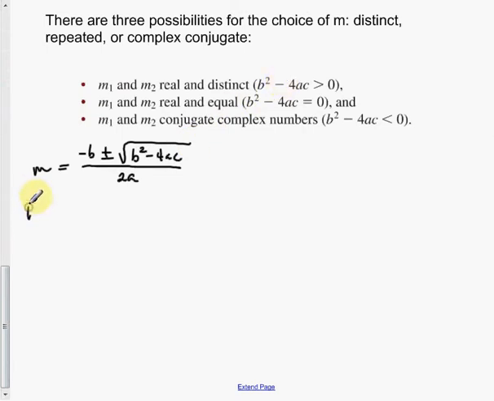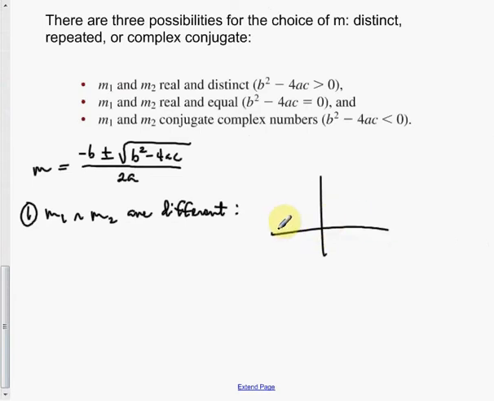So for the first possibility, if m1 and m2 are distinct, just say different, right? This means graphically, they got this feature here that I need to use. See if I can remember it now.